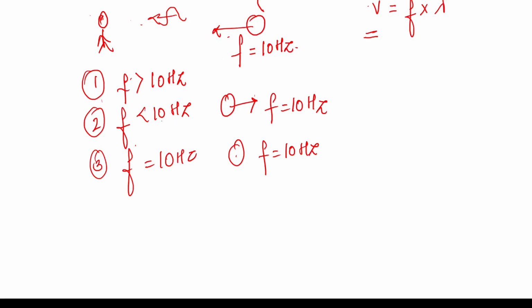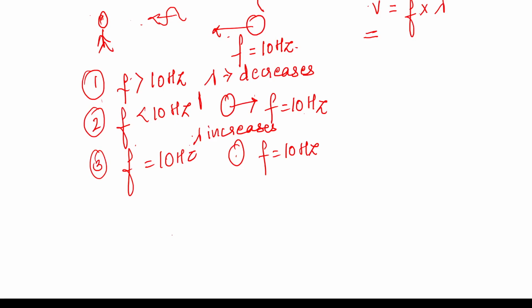If the frequency appears to have increased, what would happen to the wavelength? It would decrease. So when something is coming towards me, the frequency would appear to increase and the wavelength would appear to decrease. Inverse relationship. Why inverse relationship? Because their product, the speed, has to remain constant. So if something is going away, the wavelength increases.